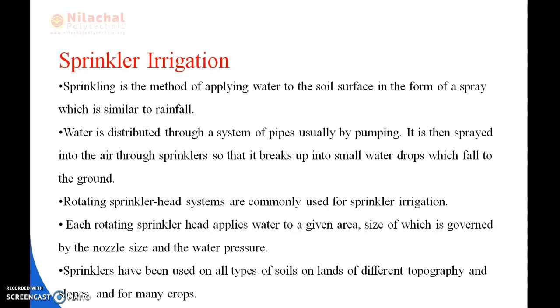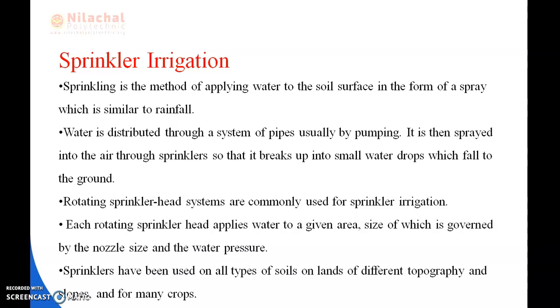Then the water is distributed through a system of pipes, usually by pumping. It is then sprayed into the air through sprinklers so that it breaks up into small water drops which fall to the ground. There is one type of sprinkler irrigation, the rotating sprinkler, which is commonly used.